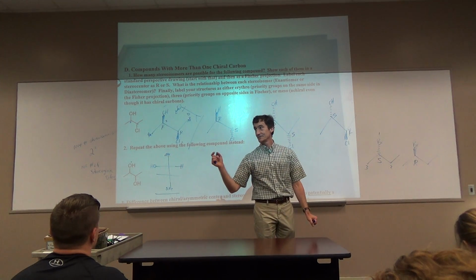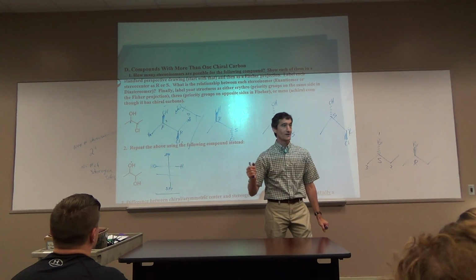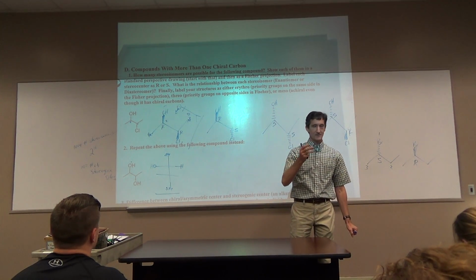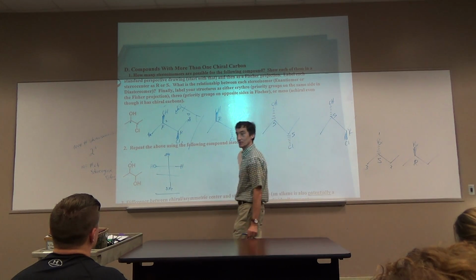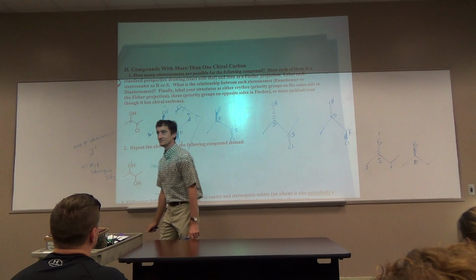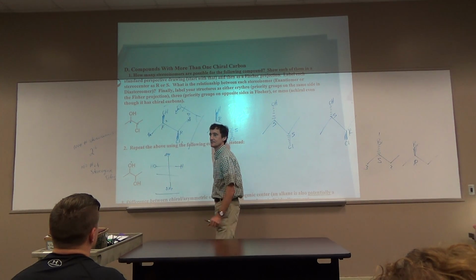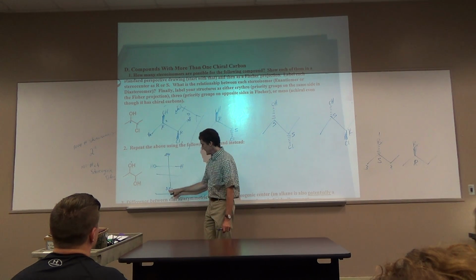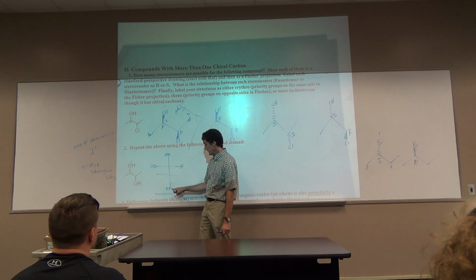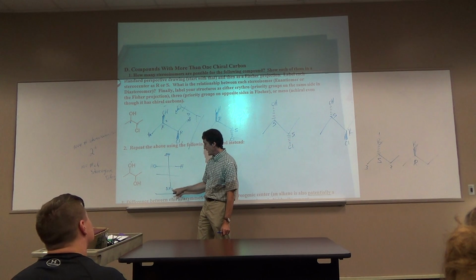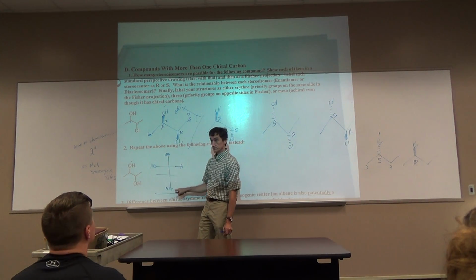Who says left? Who says right? Yeah, it's on the right. Why? If you look at that, it's pointing towards you. This D-methyl is away from us. With the D-methyl away, which side is the chlorine on?